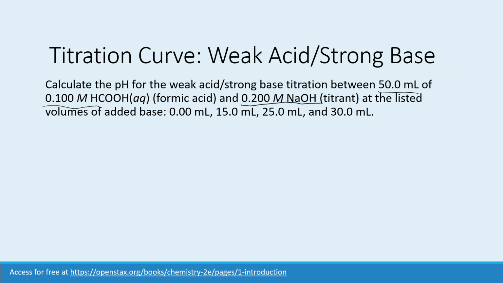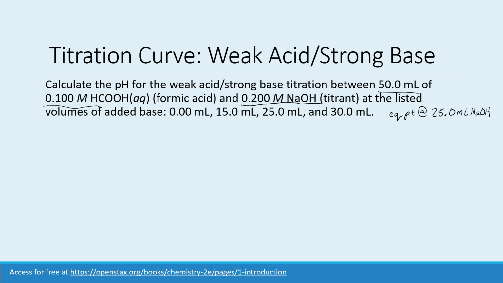But just like the previous example, we've got twice as much concentration of sodium hydroxide, and so we need half as much of the sodium hydroxide. And so the equivalence point is at 25 milliliters of sodium hydroxide. Okay, so go back to that previous video if you want to see how we calculate that.